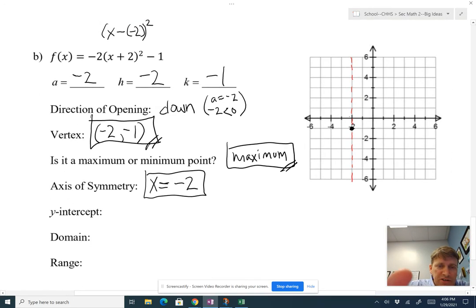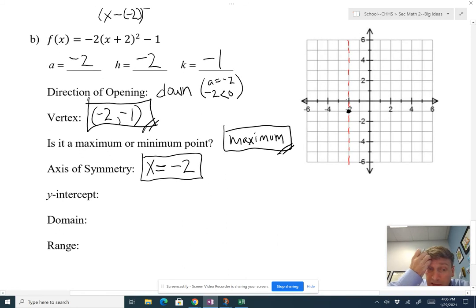Okay, and our y-intercept. For our y-intercept, we want to set x equal to 0 and find the y value. So y equals -2. Instead of x, I'm going to write 0 plus 2 squared minus 1.